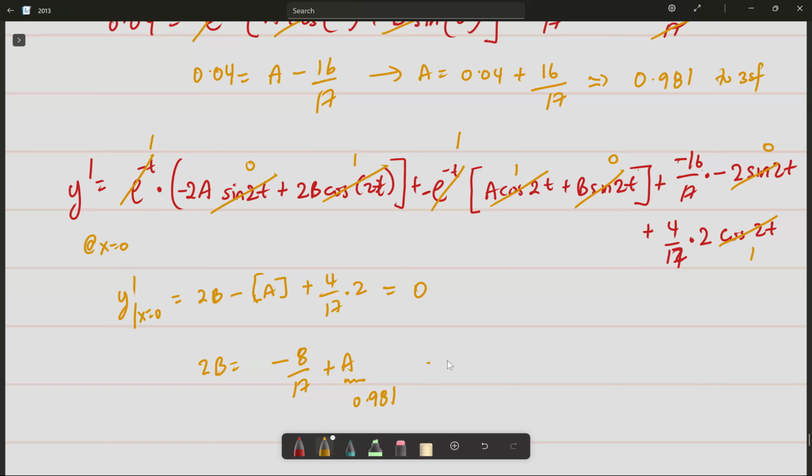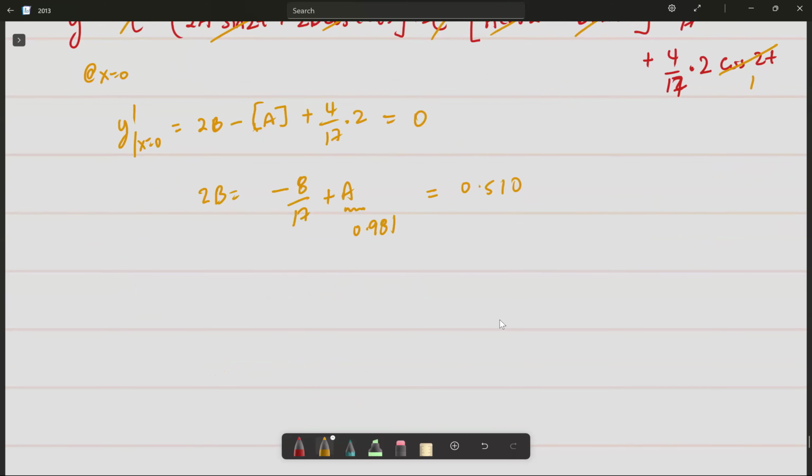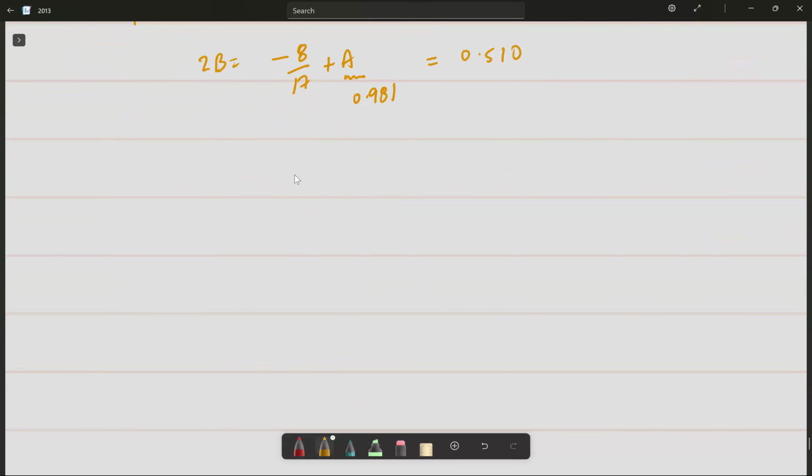This is equal to 0.510. And then B is divided by 2. We get B is roughly 0.255 to 3 significant figures.